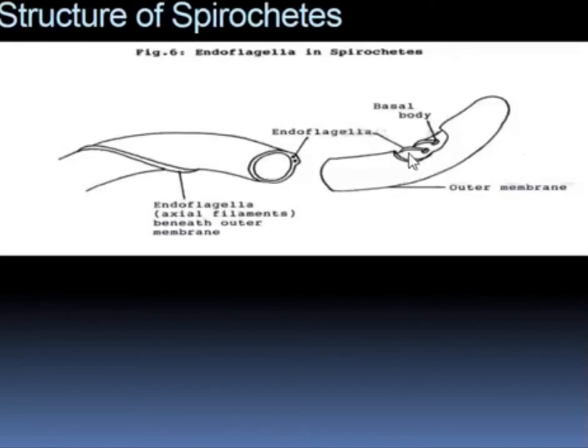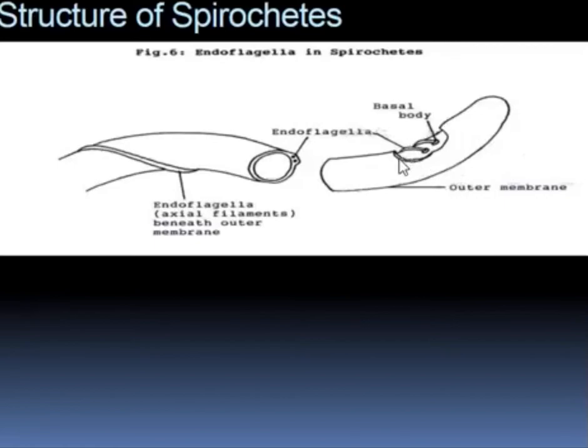It's termed flagella because it's the equivalent of flagella in normal organisms, responsible for the motility or the locomotion of this particular organism. Now, endoflagella or periplasmic flagella or periplasmic fibril, axial fibrils or axial filaments all pertain to the endoflagella of the spirochete organisms. Okay, listen.